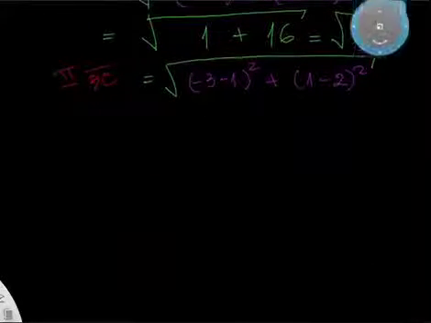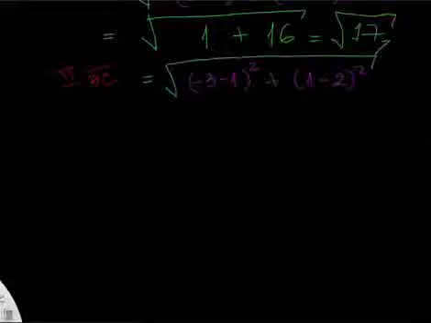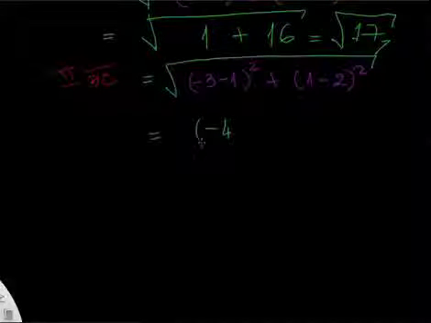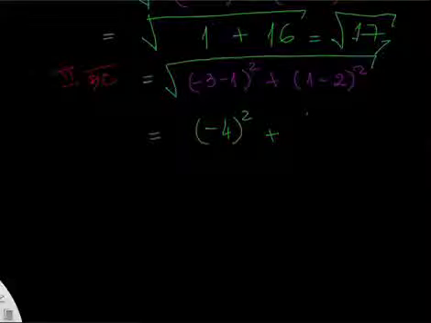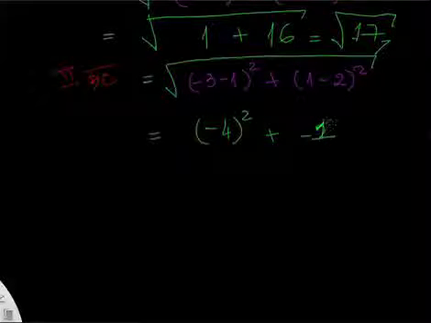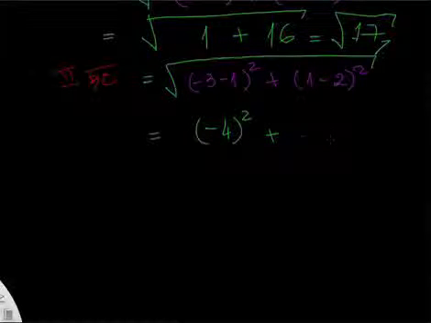I just have to do the next step, that is simplify my expression, negative 3 minus 1 becomes negative 4. This time I'm going to keep the negative 4, to make sure that I don't make a mistake with the sign, and 1 minus 2 becomes negative 1, thank you, I almost made a mistake.